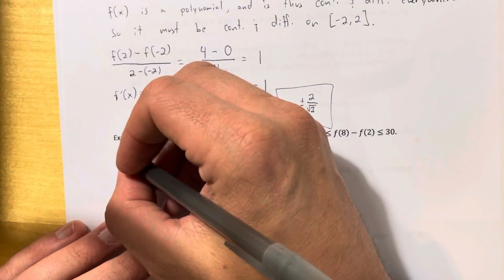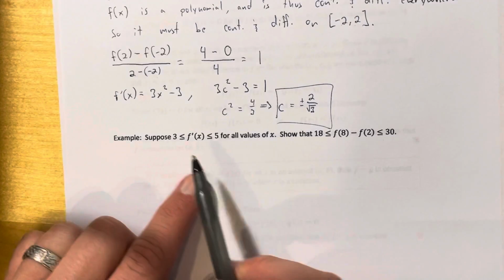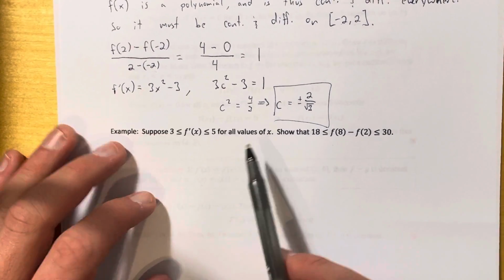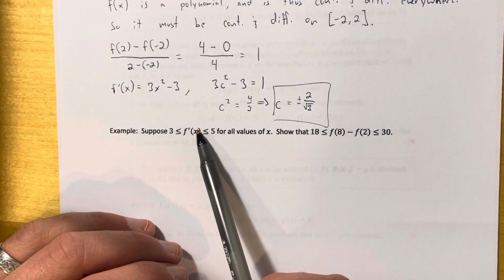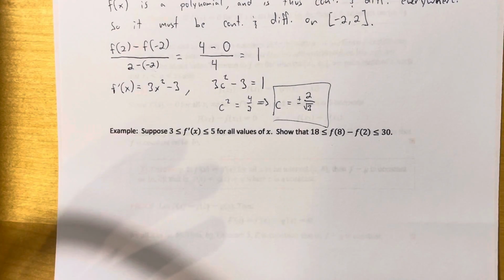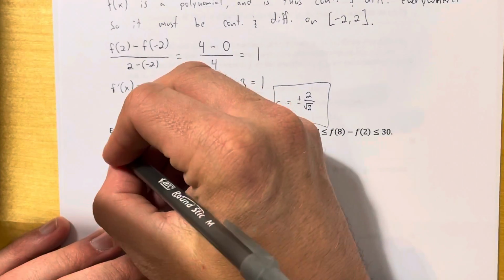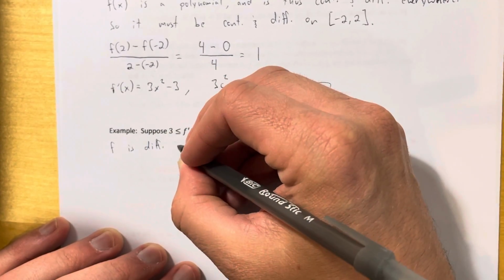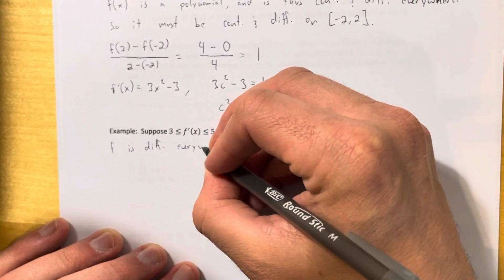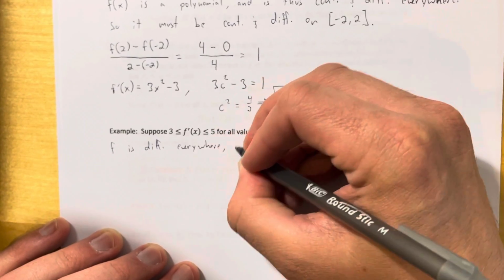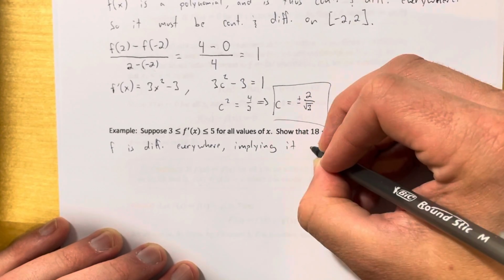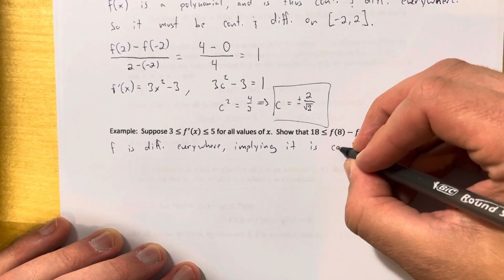So now, not only that, it says that f prime of x is bounded by these two values for all values of x. That actually implies that f prime of x exists everywhere, which means that f is differentiable everywhere, implying it is also continuous everywhere.